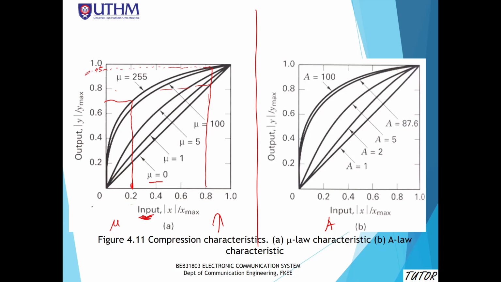So the higher the value of mu or the value of A, which is the compressor characteristic, the higher would be the increment for the small amplitude of signal. Okay, and for the high amplitude signal, there's going to be a slight increment for the A law and also the mu law.